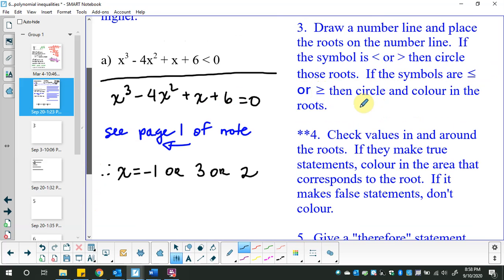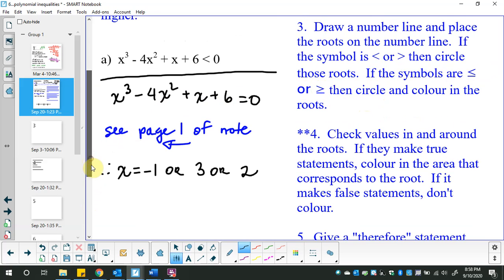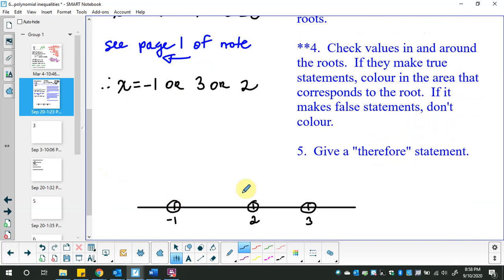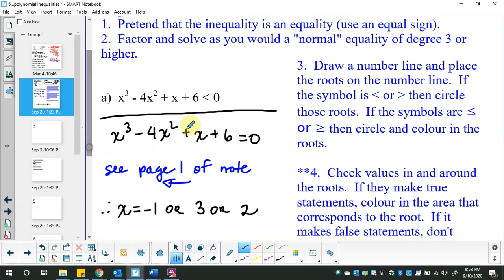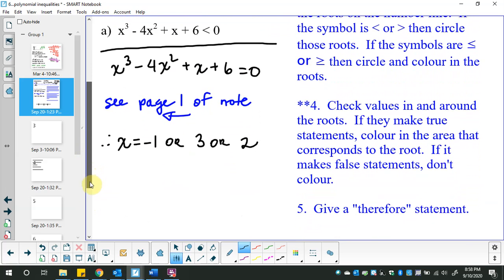So you circle them either way, and you color it in. So our job is to figure out, do we color in these circles or do we not color in these circles? And because this does not have the or equal to, that means we can leave them uncolored. So I am done step 3.